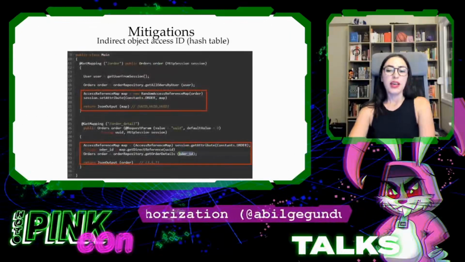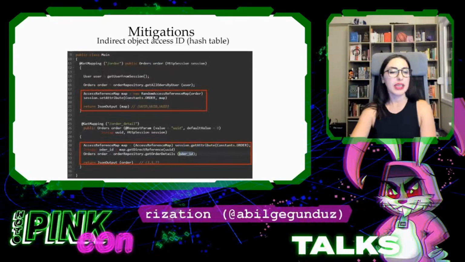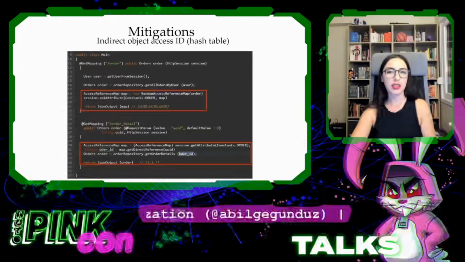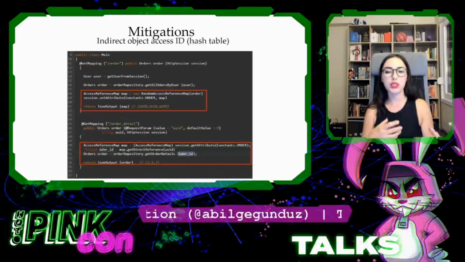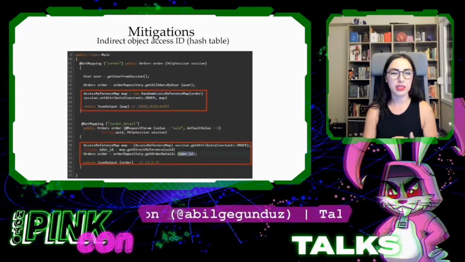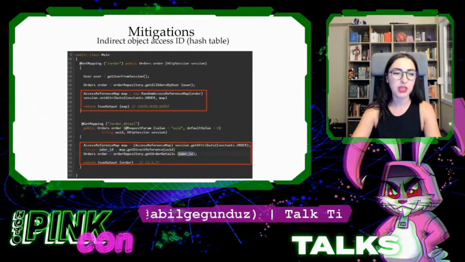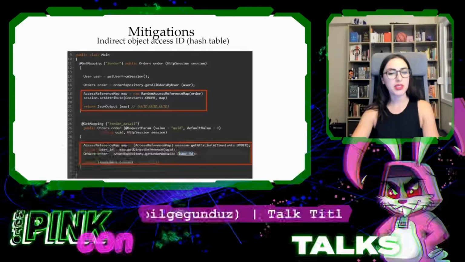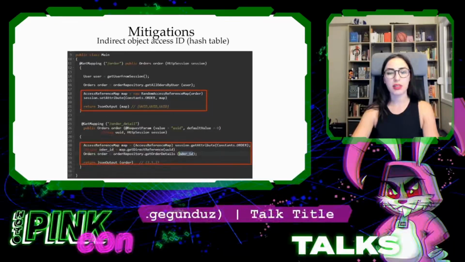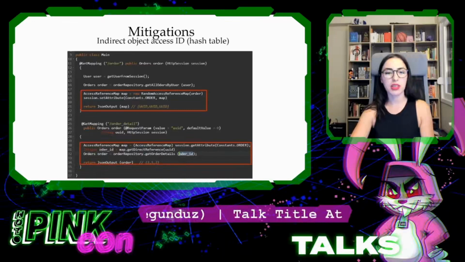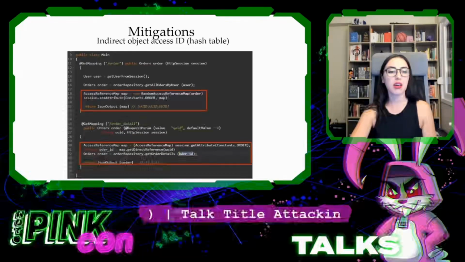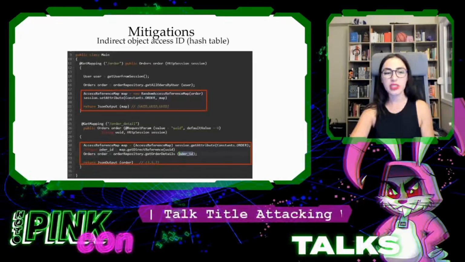So in here, instead of ID information, we expose the corresponding UUID information, as we could check in the example. We have a random access reference map, and we give order as a parameter. It creates a map object, and with this map object, we can store it in our session.